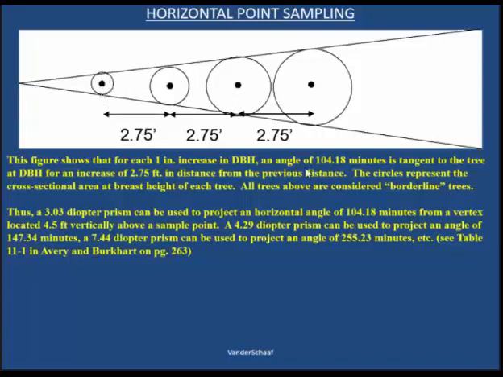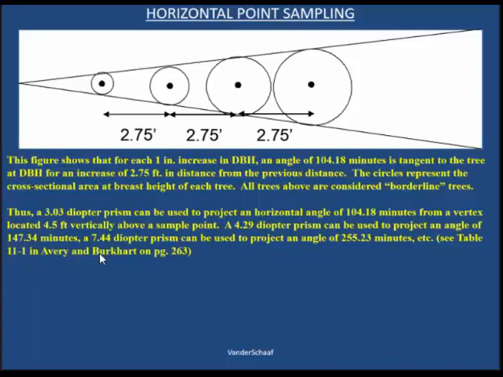A 2 inch tree for that same angle is borderline an additional 2.75 feet, and a 3 inch tree is borderline an additional 2.75 feet from the 2 inch tree for that angle. And that's where we get the use of prisms, without going too deep into the prisms.